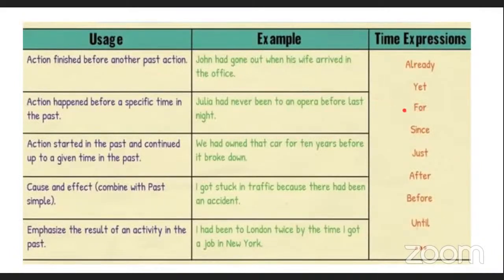Is it at the beginning, before had, or after had? After. For example, he had already gone out when his wife arrived in the office. Okay, thanks. Yes, you're welcome. Any other doubt or question?